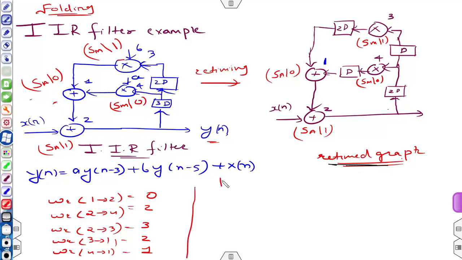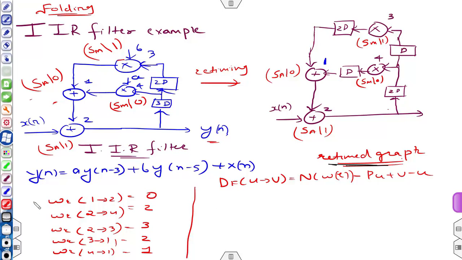So you can write folding equations using the formula DF u to v equals N into w e minus p plus v minus u. So for all the edges you can calculate the folding values using this formula.